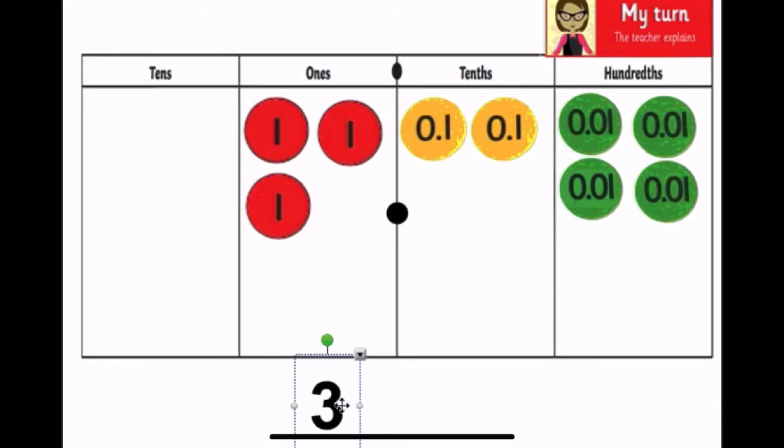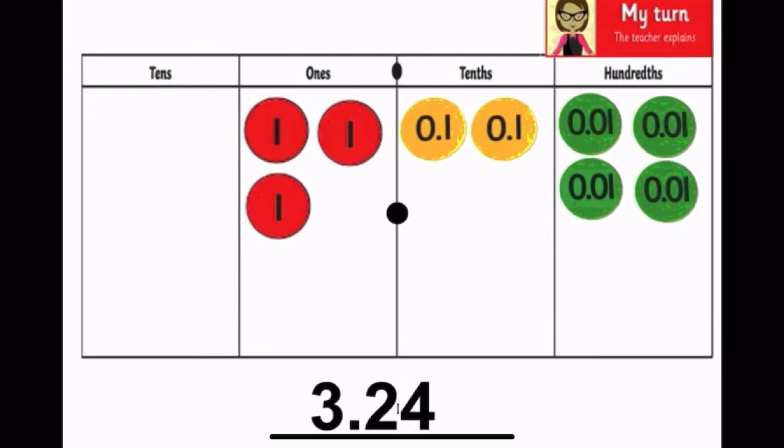So I'm going to write in a 3 and I'm going to use my decimal point next, and then I'm going to write a 2 because I have 2 tenths, and I'm going to write a 4 because I have 4 hundredths. So that shows 3.24, 3 and 24 hundredths.